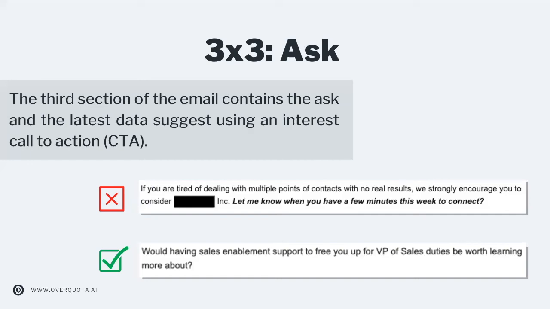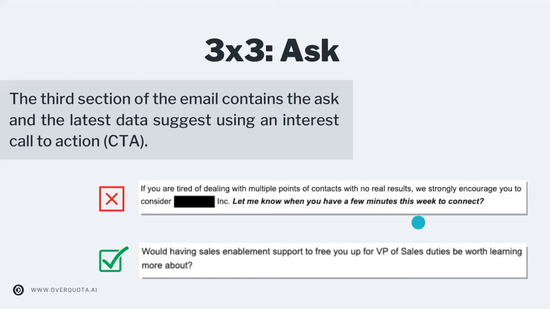First, I'm not loving the language choice of "we strongly encourage you to consider." It feels a bit like a challenge and a bit forceful, especially with the next sentence being in bold text. It feels like the rep is yelling at me. Second, data suggests that asking for time or a call in a prospecting email isn't effective because it's perceived as too big of an ask at such an early stage, and thus it's easily ignored.